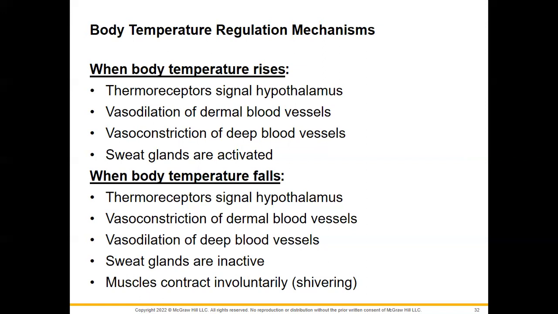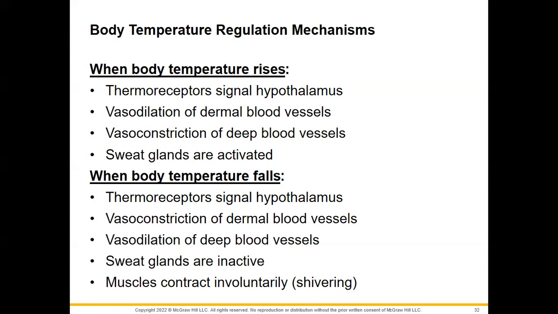That will then cause vasodilation of the dermal blood vessels: vaso meaning vessel, dilation meaning widening. So, widening of the blood vessels associated with the dermis, with the skin. You'll also have vasoconstriction, meaning tightening or getting smaller, of the deeper blood vessels.